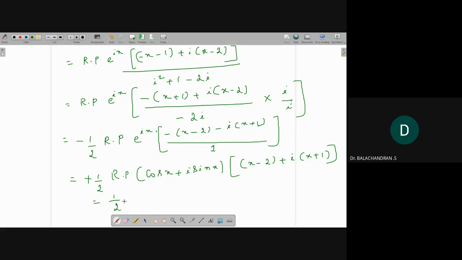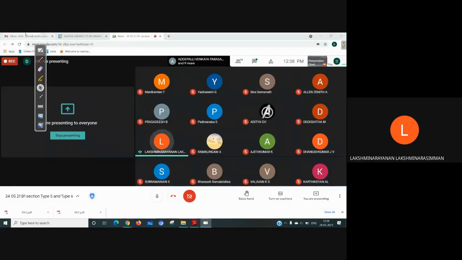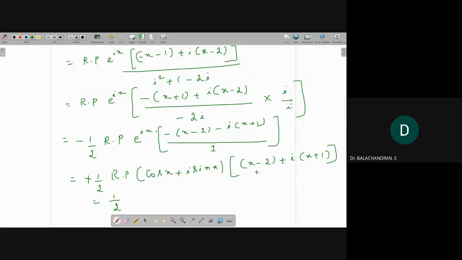What is the real part? X minus 2 into cos x. Very good. So real into real, minus imaginary into imaginary, x plus 1 into sin x. Yes, that's over.